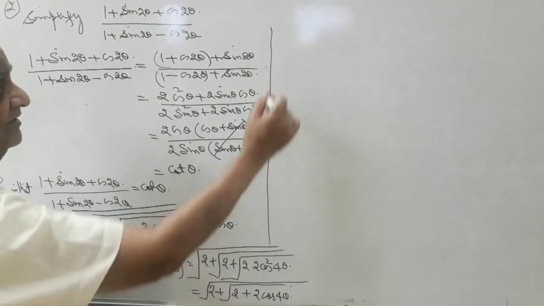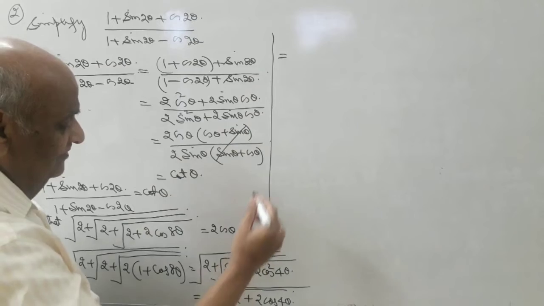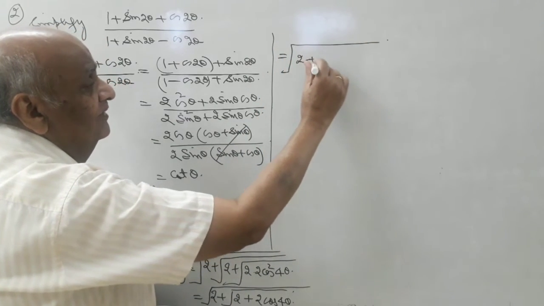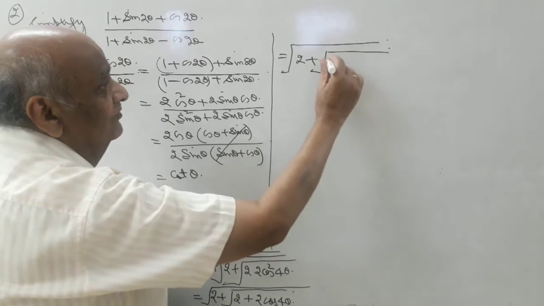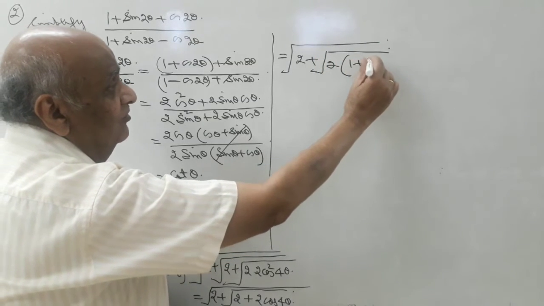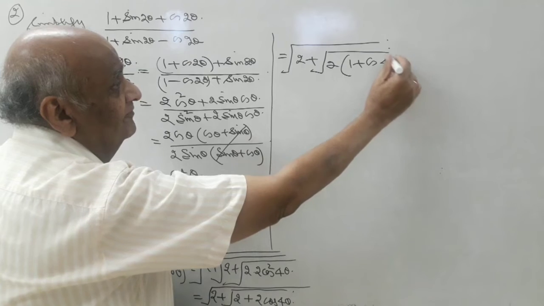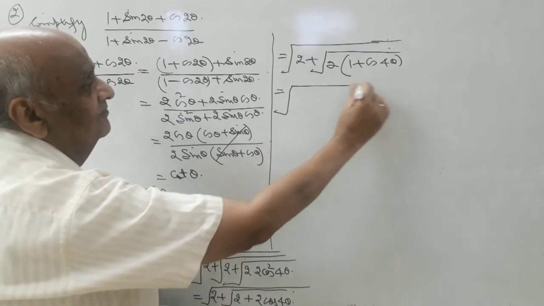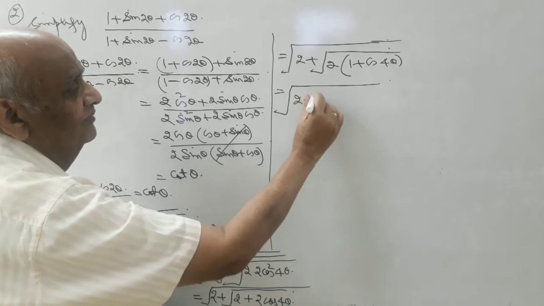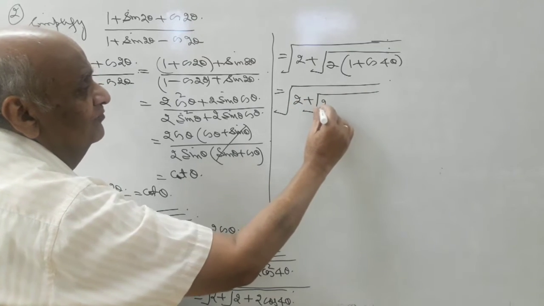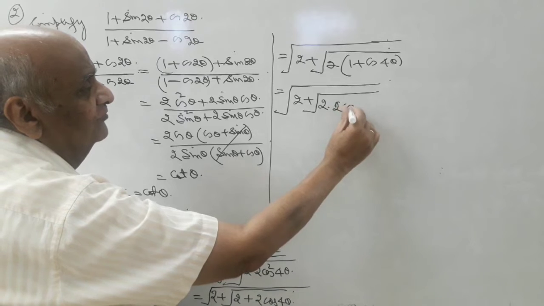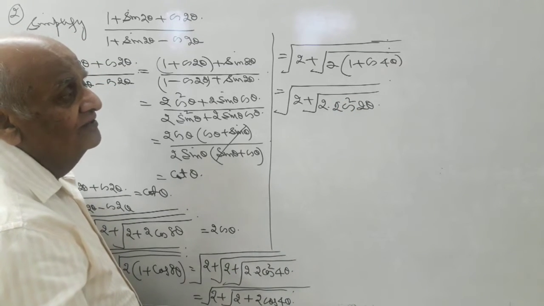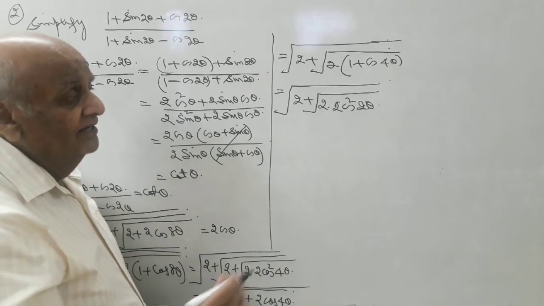So this will be equal to, further you proceed, under root of 2 plus under root of 2 into 1 plus cos 4 theta. Again you apply the formula. It is 2 plus under root of 2 into 2 cos square 2 theta, because cos 4 theta is 2 cos square 2 theta minus 1.